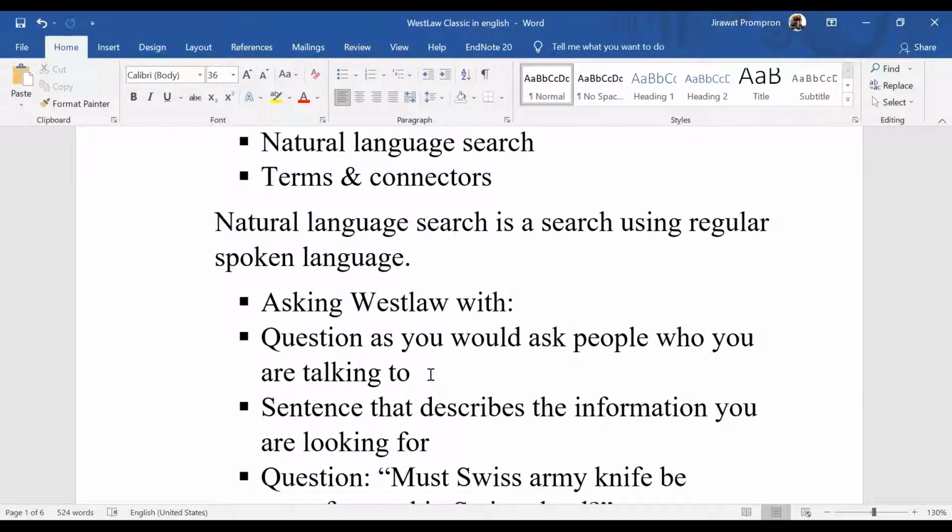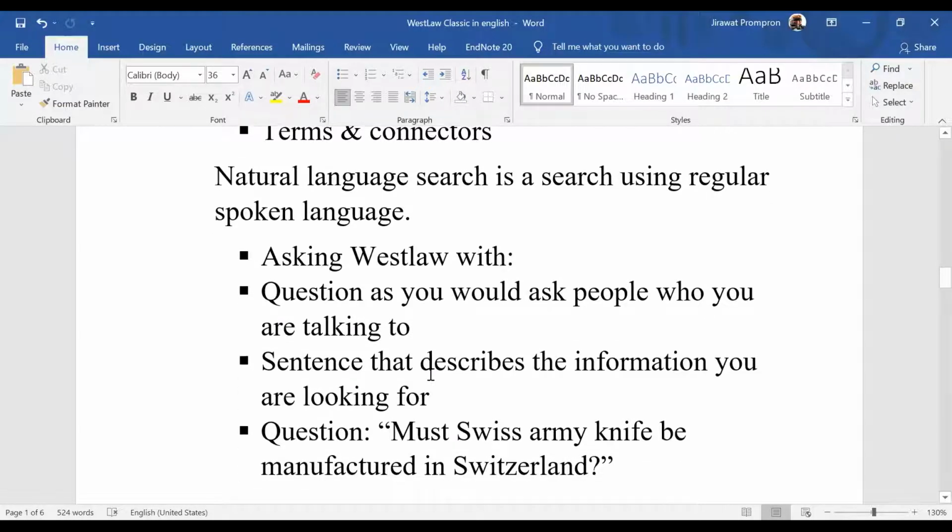What is the difference between a generic name and a geographical name? But I don't know the proper words. Just type it in, just use the question, like you ask the people you are talking to. This is called natural language.